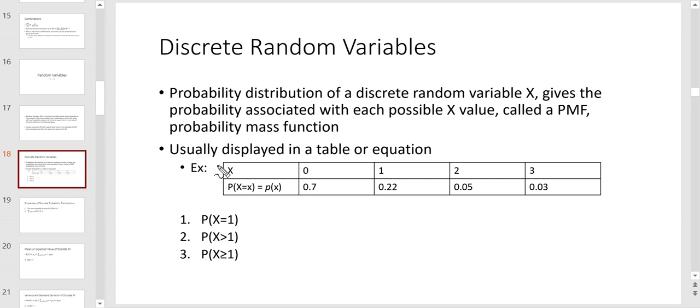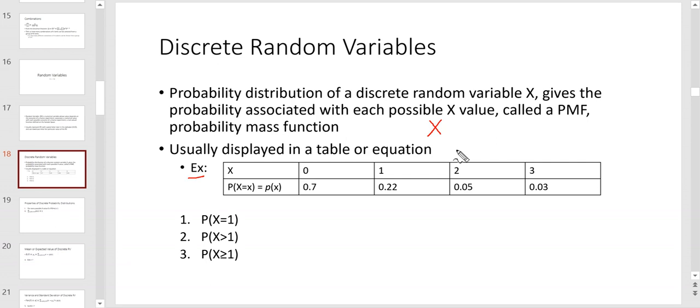You'll see an example of a table directly below here. Although there's no background to this example, I could throw in a little bit of background for you. Let's define X to be the number of car accidents for a male aged 30 to 35 in a given calendar year, so let's say 2020.